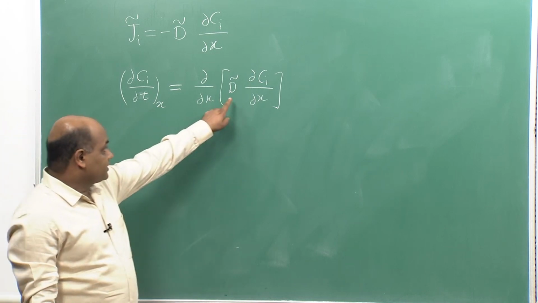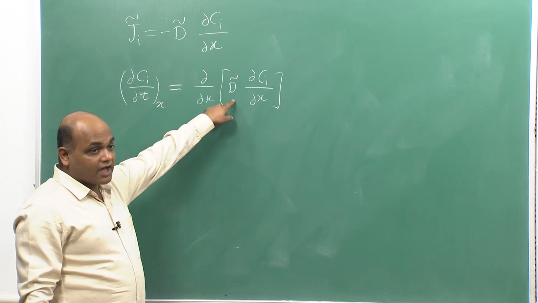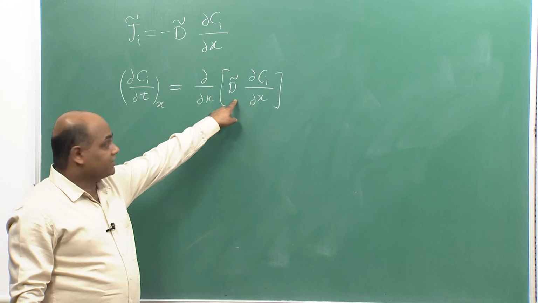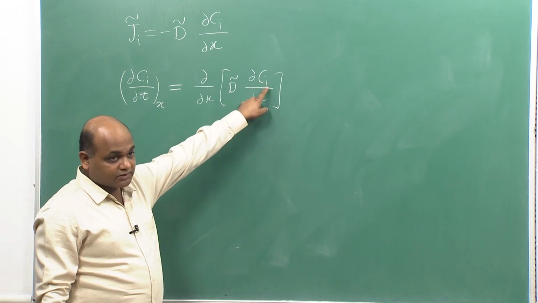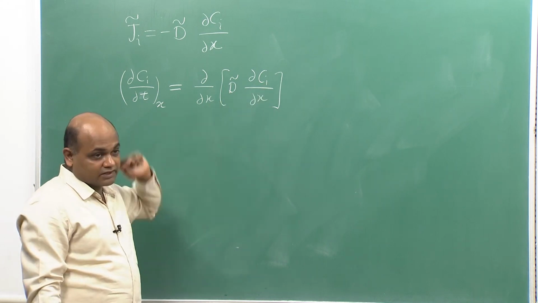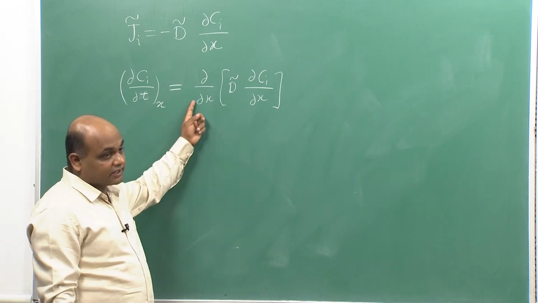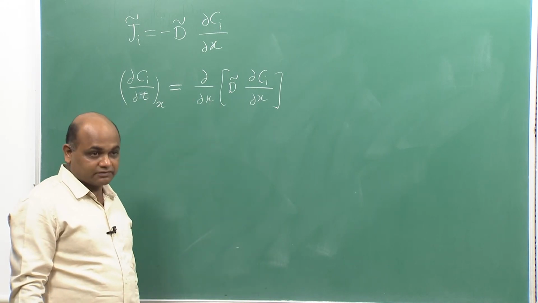Now, remember again, as I mentioned earlier, D tilde is a function of composition, and since composition varies with x, D tilde also varies with x. So, you cannot straight away take this out as a constant.